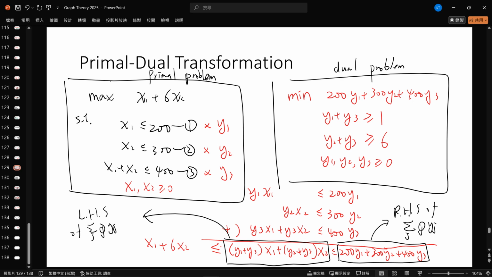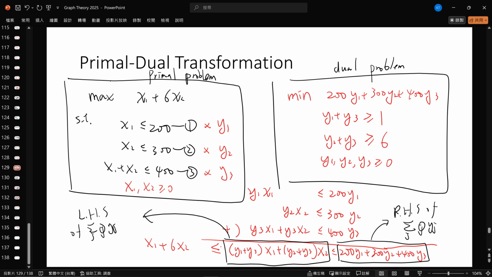We also want to make sure that this whole inequality gives us an upper bound for the original objective function, x1 plus 6x2. So we have to ensure that the coefficient of x1 is at least 1 and the coefficient of x2 is at least 6. That's why we have these two constraints: y1 plus y3 should be at least 1, and y2 plus y3 should be at least 6.